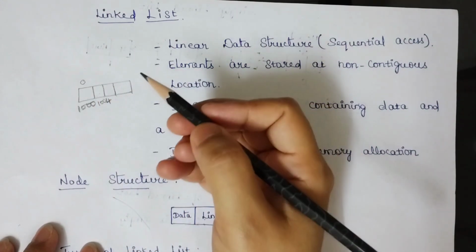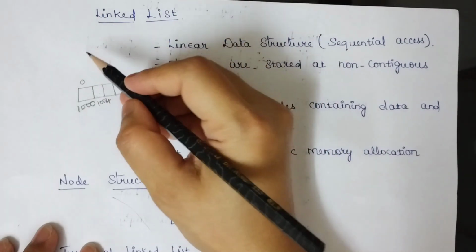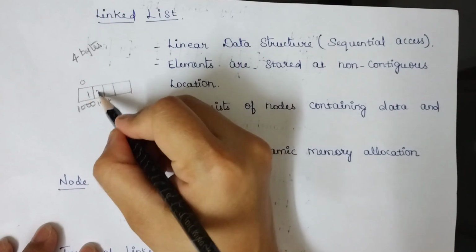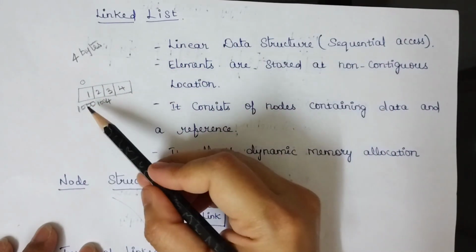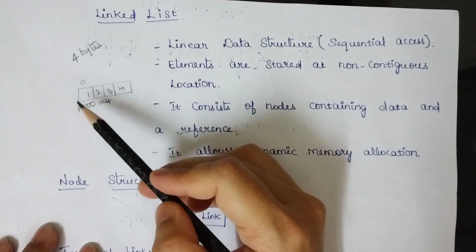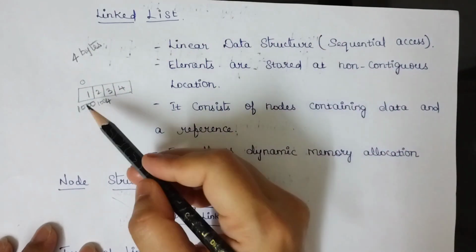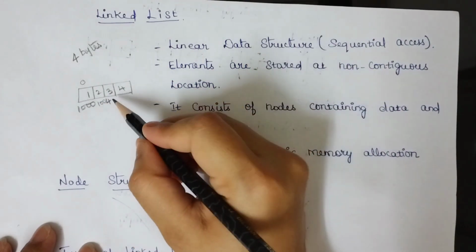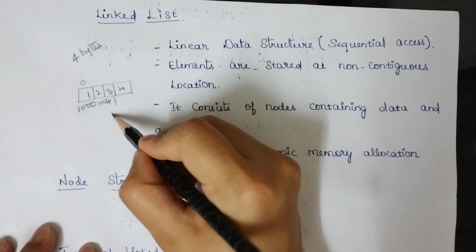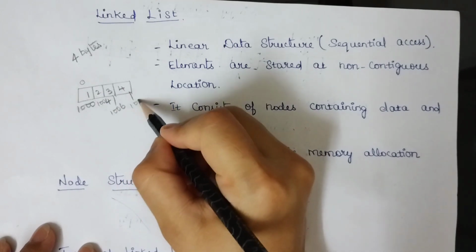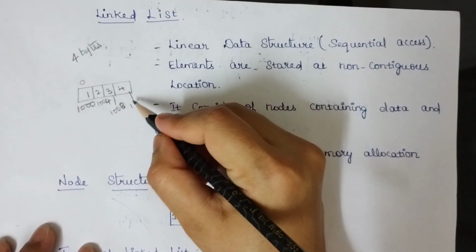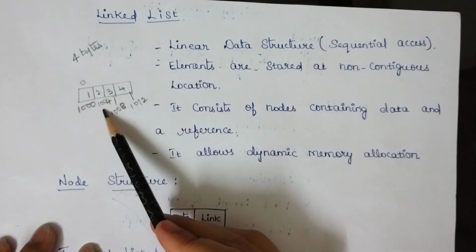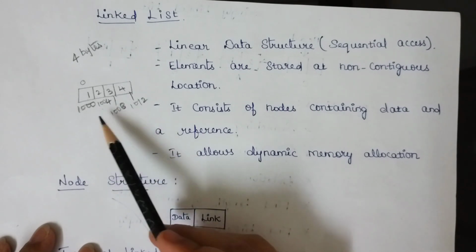In Java, the size of an integer is 4 bytes, so each element takes 4 bytes of memory. In that case, the first element would be stored at the memory location 1000, the second element at position 1004, the third element at 1008, and then the fourth element at 1012. So this is how elements in an array get stored, with continuous memory locations.